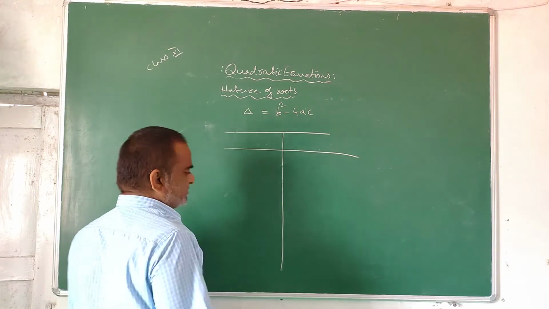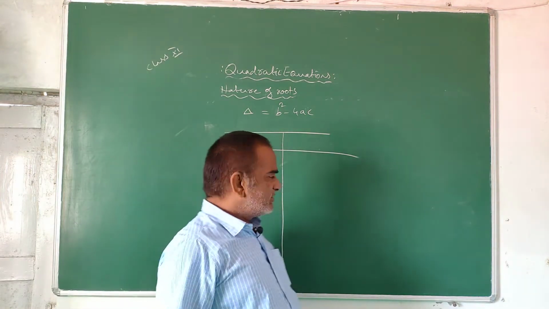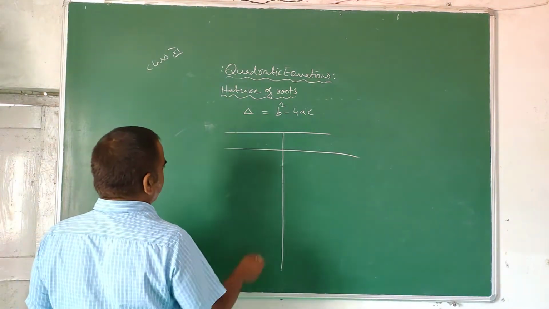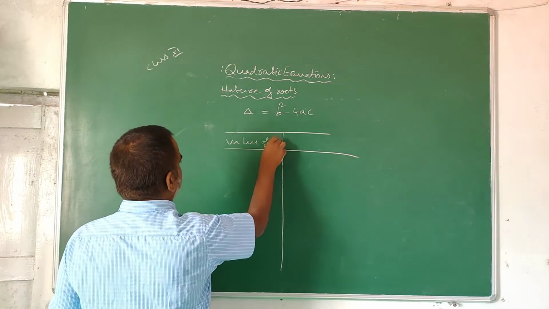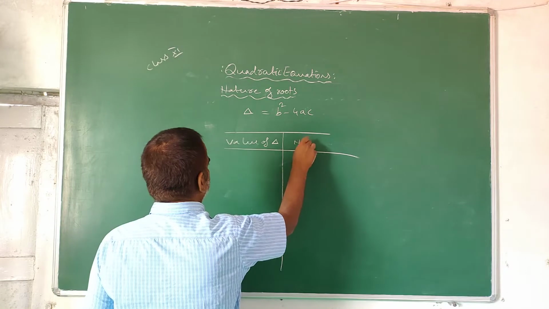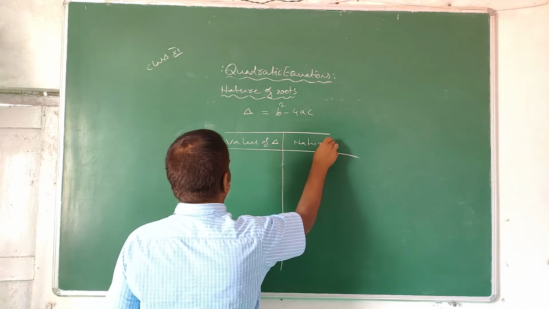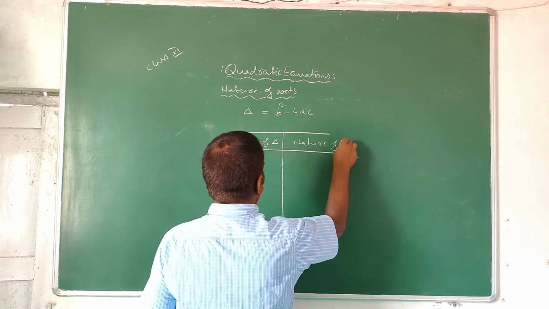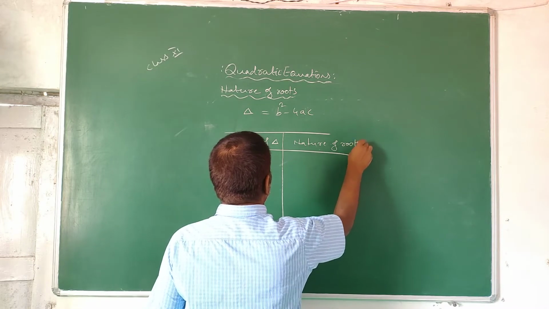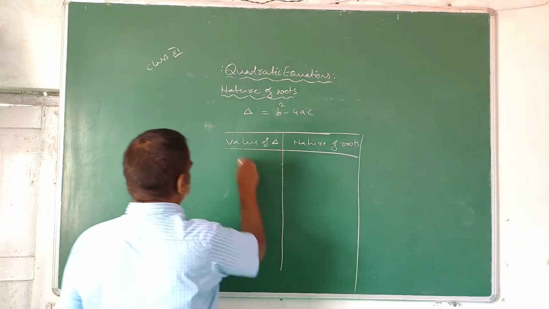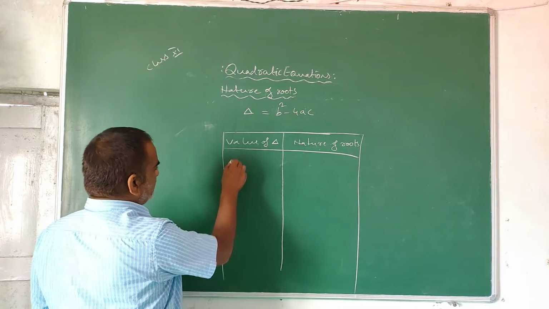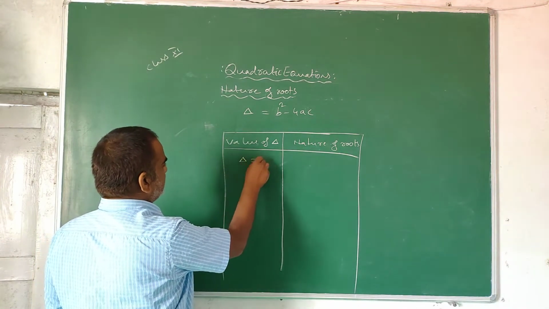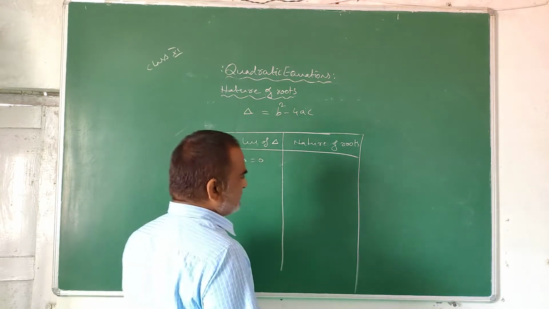So here I am giving you a small table which gives the entire information. Value of delta, the discriminant, and nature of roots. Suppose delta is 0. So what is the nature of roots?